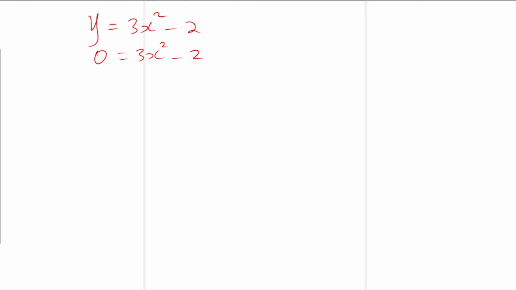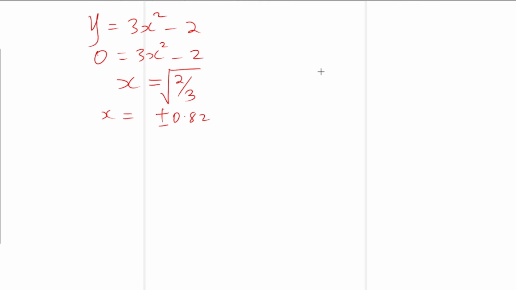The curve cuts the x-axis at points where the y coordinate is 0. So x will be the square root of 2/3, which is plus or minus 0.82, around there. So these are the points.